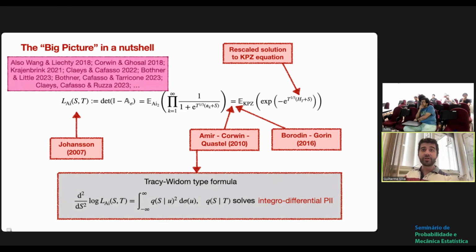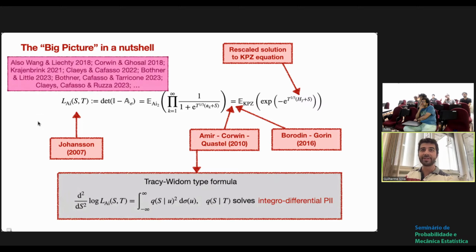There are several works that I should mention here, especially recently, and this kind of identity, especially this Tracy-Widom type formula, has been found in various different works. So either this quantity that you see here, or related quantities in random matrices or other point processes, have been found to be some sort of universal in other models as well.